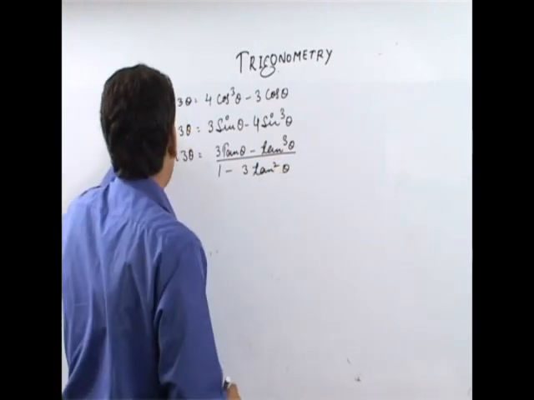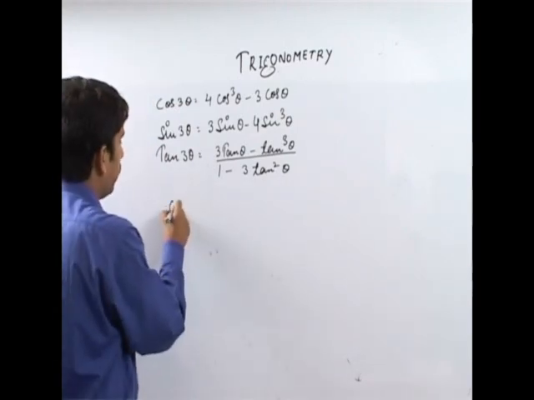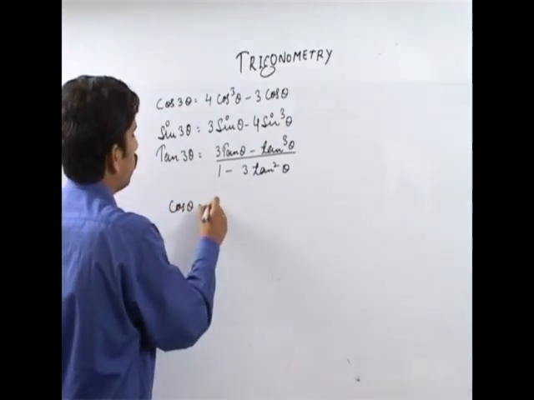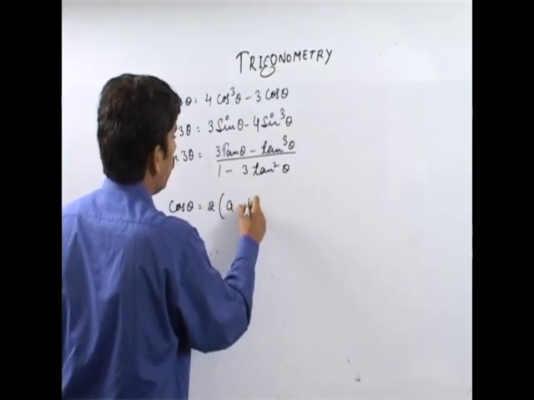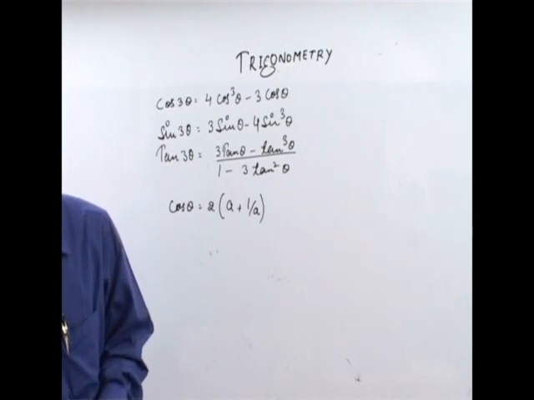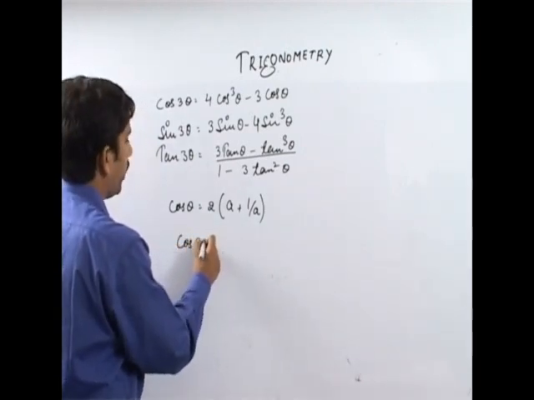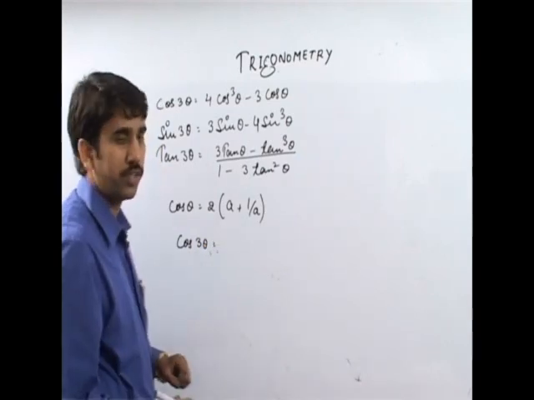Now we will do a question related to this formula, as cos theta is equal to half of a plus 1 by a. You have to find out the value of cos 3 theta. Now first of all, write down the formula. What is cos 3 theta?